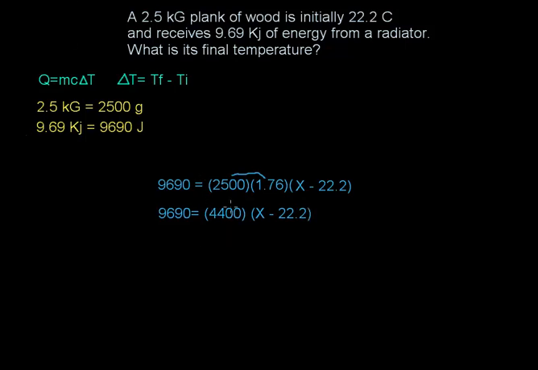Since this is algebra, we're just going to do 4,400 times X, and then 4,400 times 22.2. So 4,400 times X is 4,400X. And 4,400 times negative 22.2 is negative 97,680.